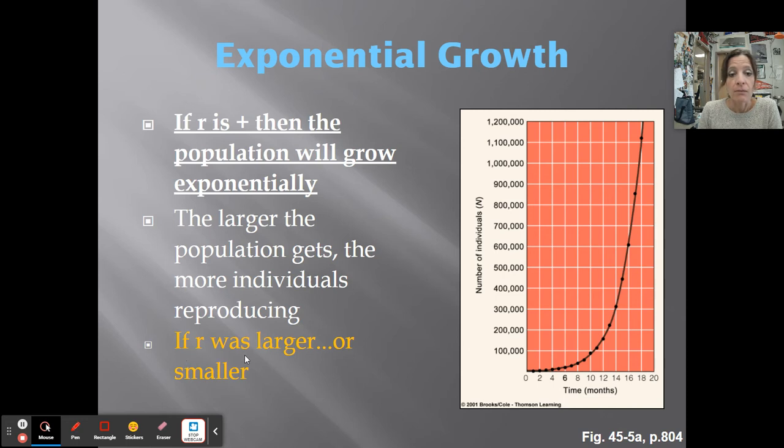So if R max was a bigger number, so let's say this is 0.08, maybe we want to know what 0.2 would be, your line would be on this side, and it would go like this. It would still end up becoming exponential. However, it would start quicker. If your R max was smaller, then it would take longer for it to become exponential, but then eventually it would.